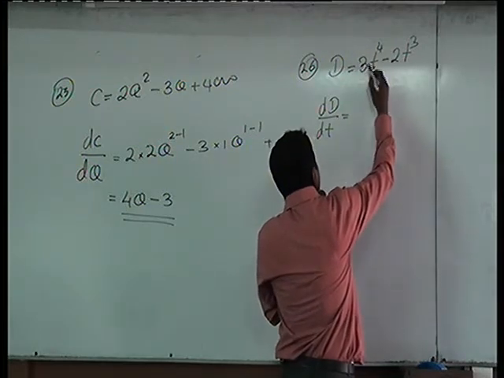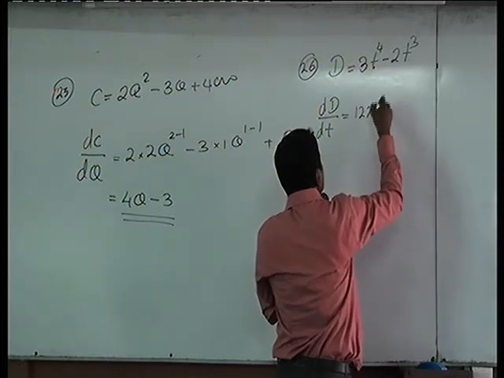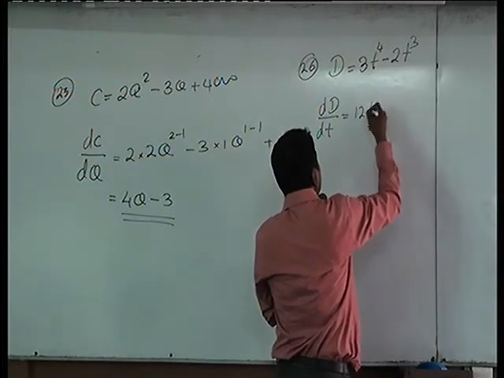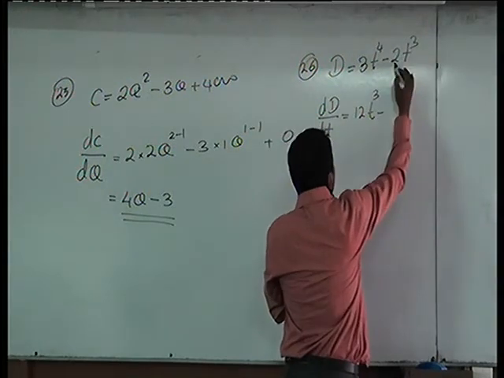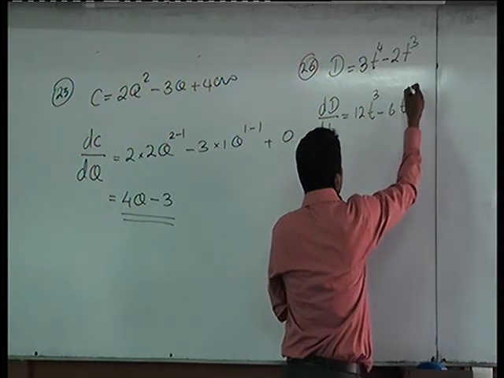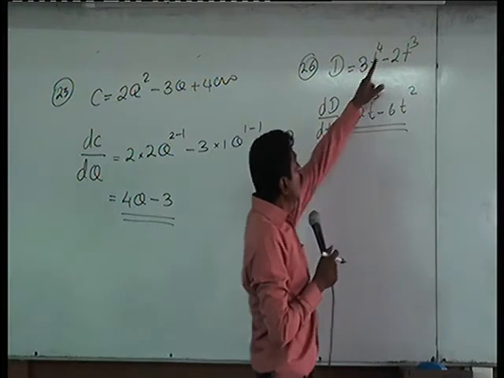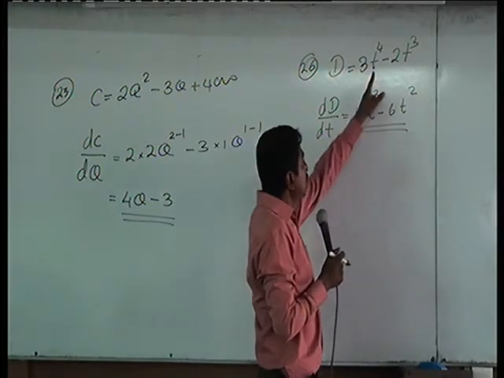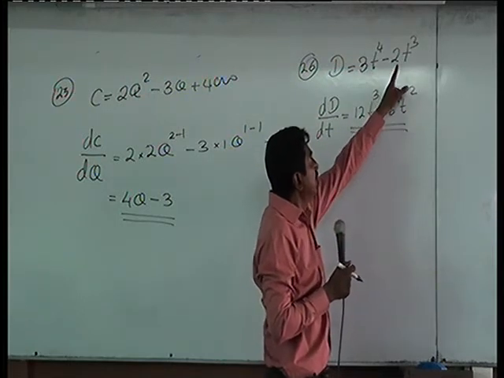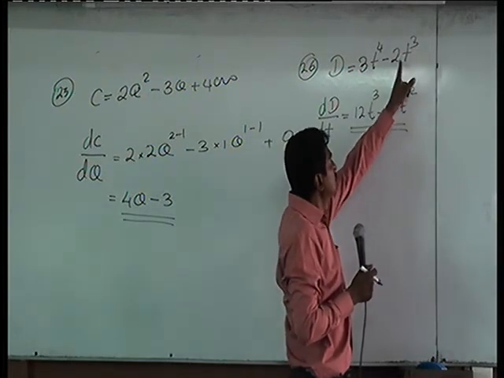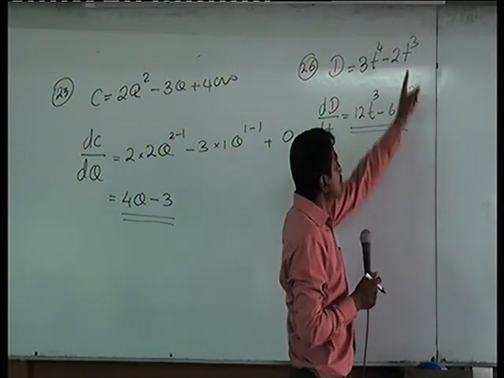We can now multiply, right? 3 into 4, 4 comes to the front, 3 into 4 is 12, t to the power 3, minus 2 into 3, 6 t to the power 2. Now we can straight away multiply here. 4 into 3, 12, t to the power 4 minus 1, 3, minus 2 into 3, 3 comes to the front, so 3 into 2 is 6, t to the power 3 minus 1 is 2.